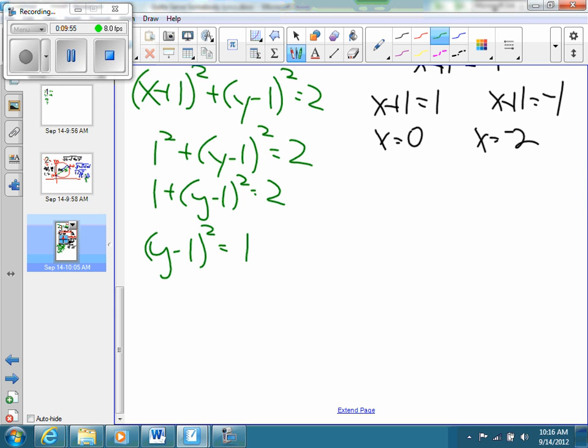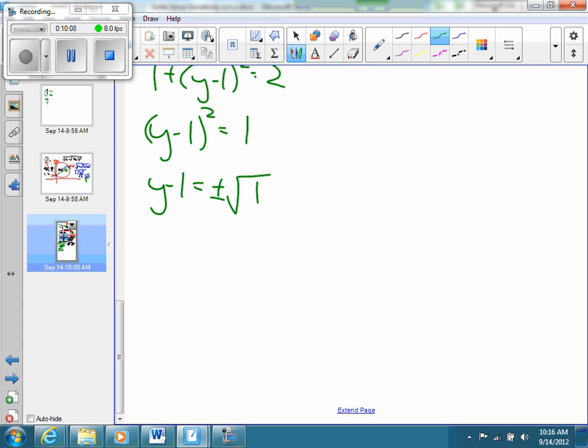I'll take the square root of both sides. I will get y minus 1 equal to plus or minus the square root of 1. So y minus 1 is equal to 1, and y minus 1 is equal to negative 1.